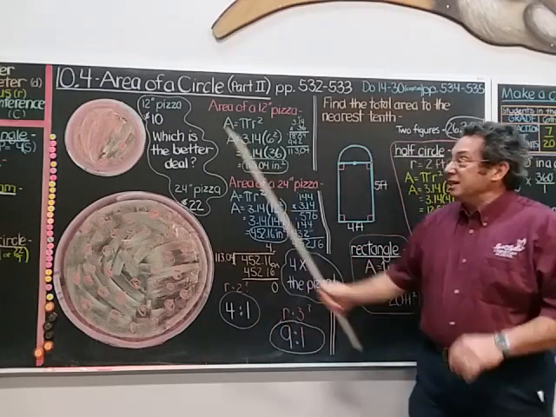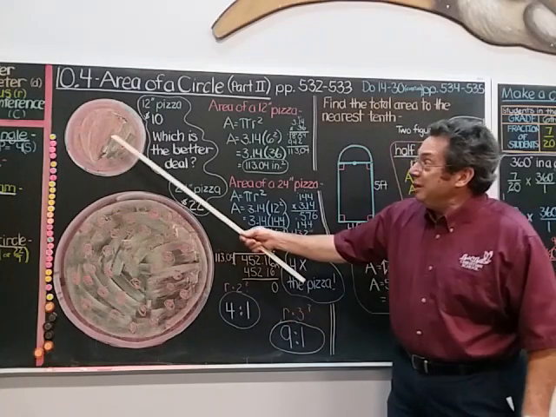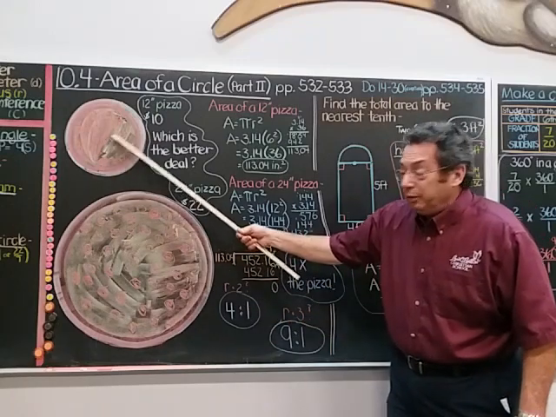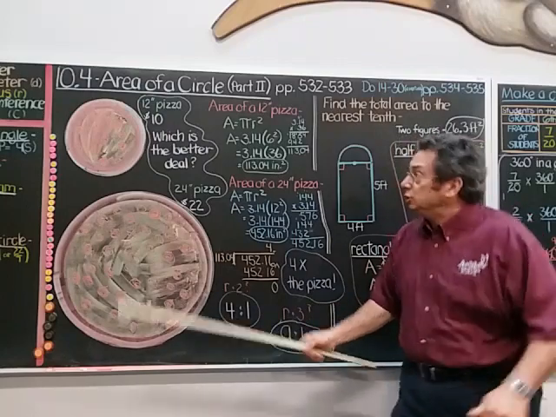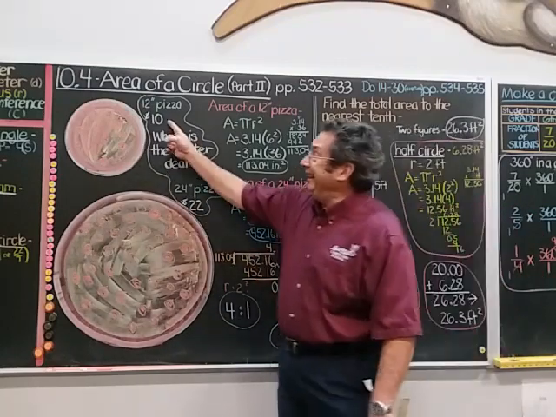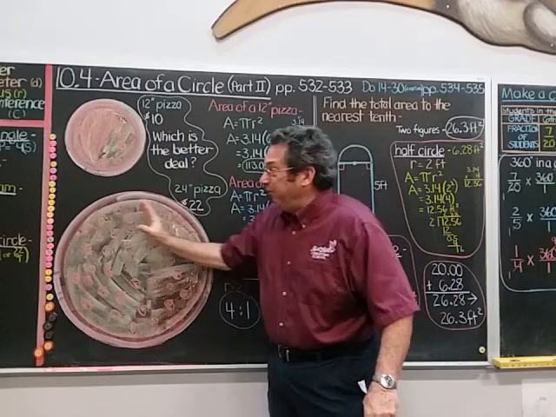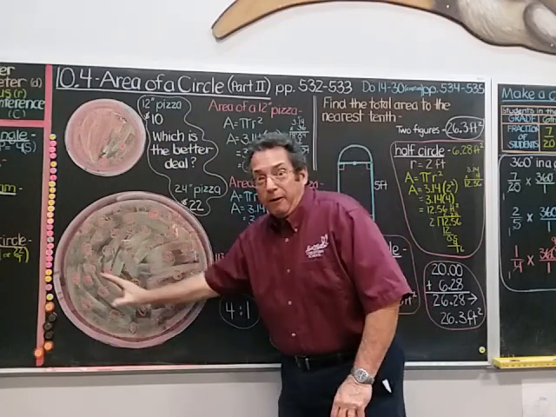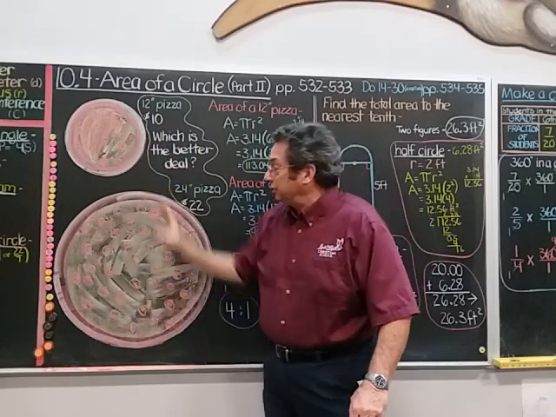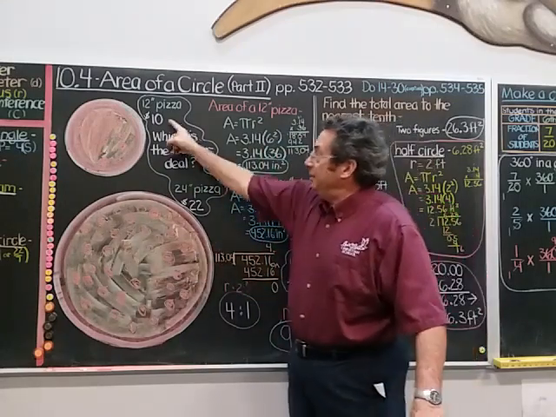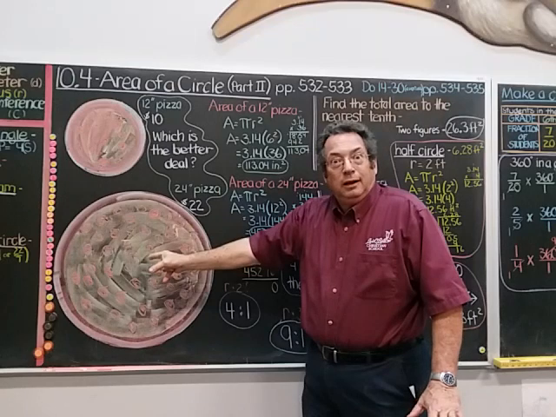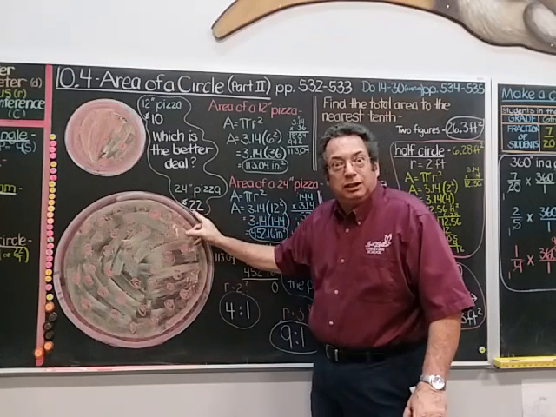In other words, when you double the radius, you quadruple the area of the pizza. So technically, since I'm getting 4 times as much pizza here, and all I did was double the radius, this should be $40. And I'm only paying $22.